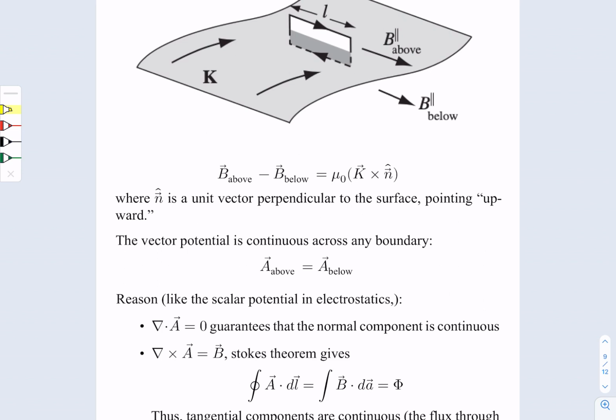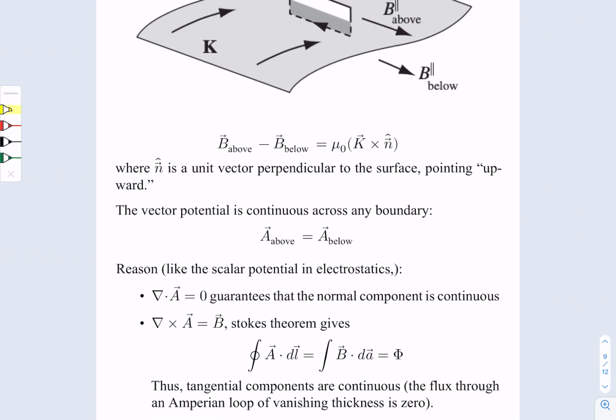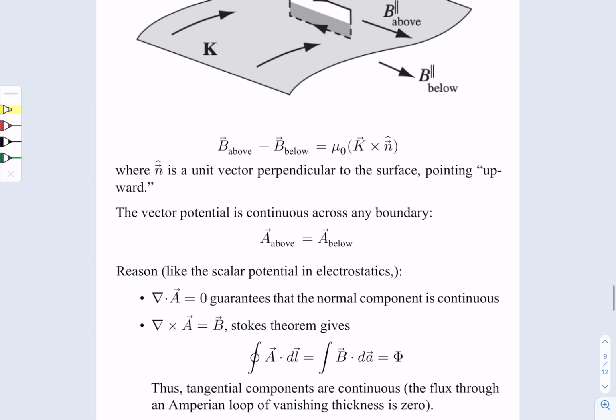But we can always choose a loop that's infinitely small. So the flux through this Amperian loop of vanishing thickness is also 0. So in the end, the vector potential must be continuous everywhere across this surface.